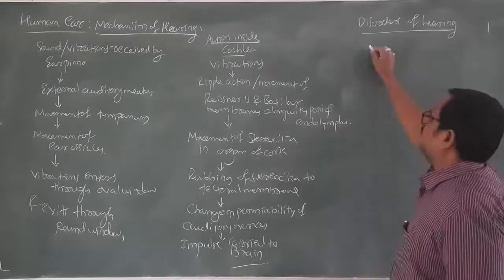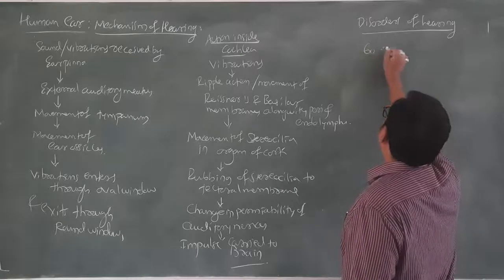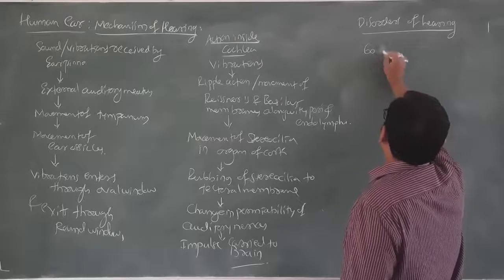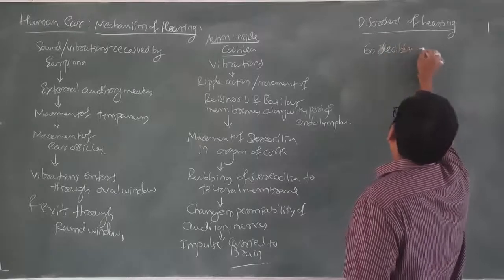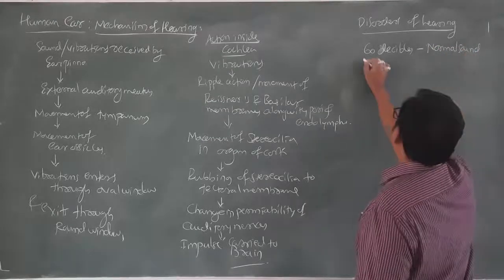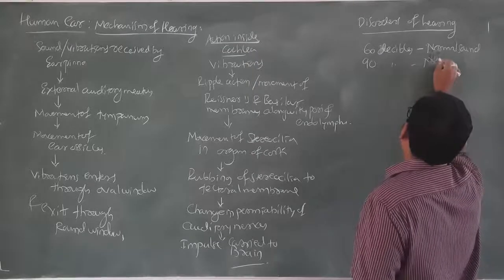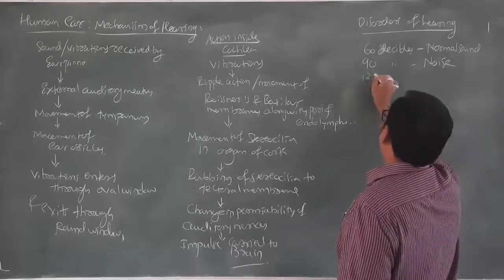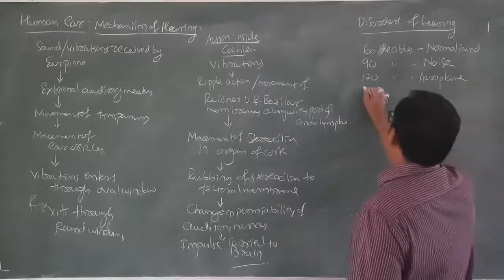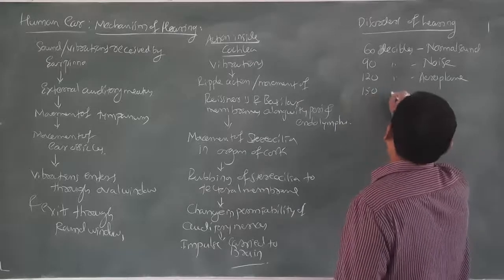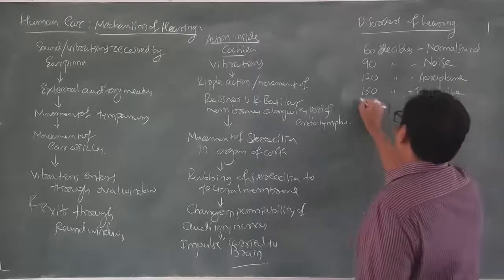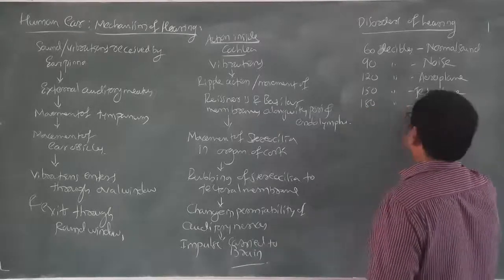The first one is 60 dB, which is a normal sound. 90 decibels is a noise. 120 decibels is an aeroplane. Then 150 decibels is a jet plane or fighter jet. 180 decibels is a rocket.